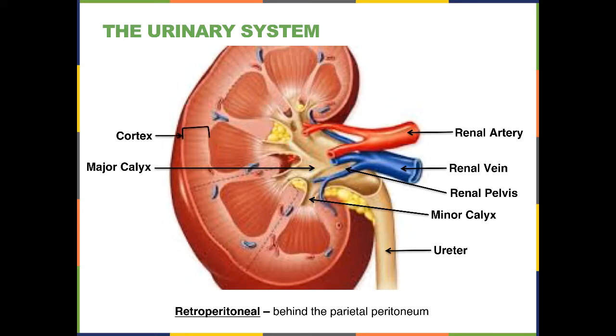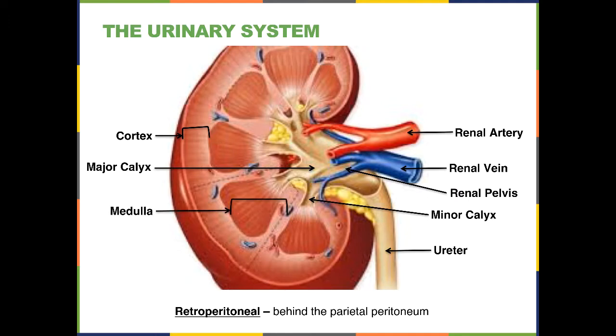Now, the outside part of the kidney, the part that goes from the outside capsule into where you see this obvious change in structure and color, this outside part is called the cortex of the kidney, or the renal cortex.